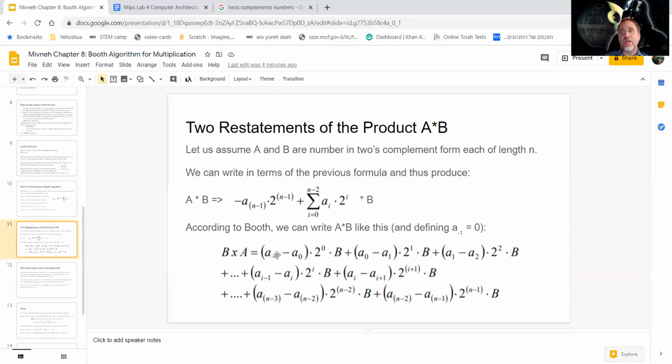If the first digit is 1, then subtract the multiplicand. Because this is 2 to the 0th was 1. Subtract the multiplicand. Hey, that's exactly what I'm supposed to do in Booth. What about the next digit? What about the next pair? It says examine the next pair. Well, the next pair could either be one of 4 possibilities.